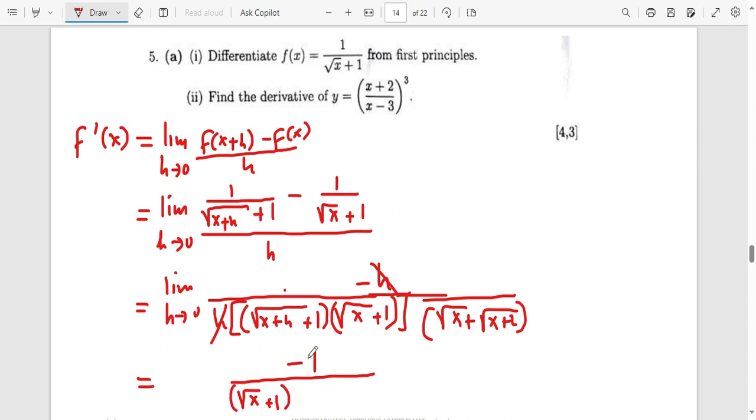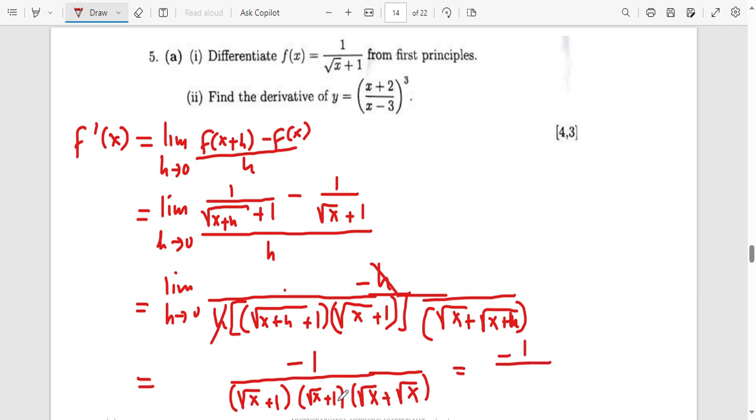And then in the next brackets, we only have square root of x plus 1. In the next, we have square root of x plus h, this was all supposed to be h, not 2. Where there is h again, put 0, so that will just be square root of x. Just simplify this. So this is negative 1.